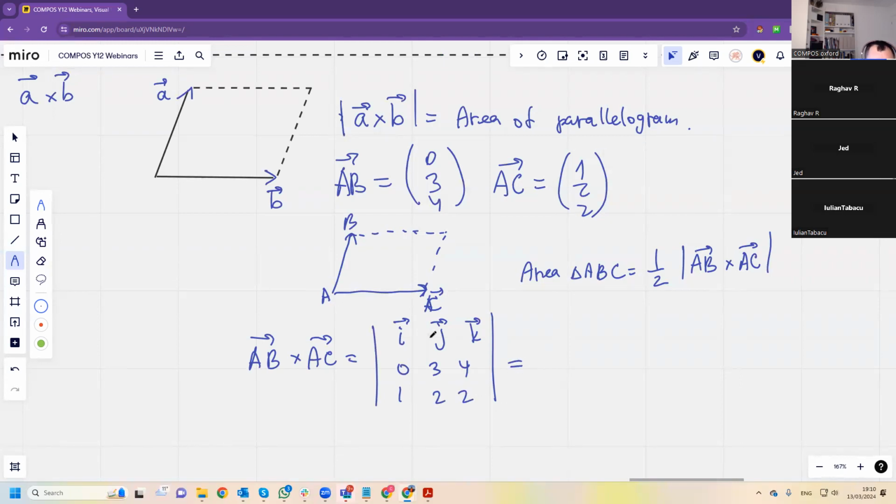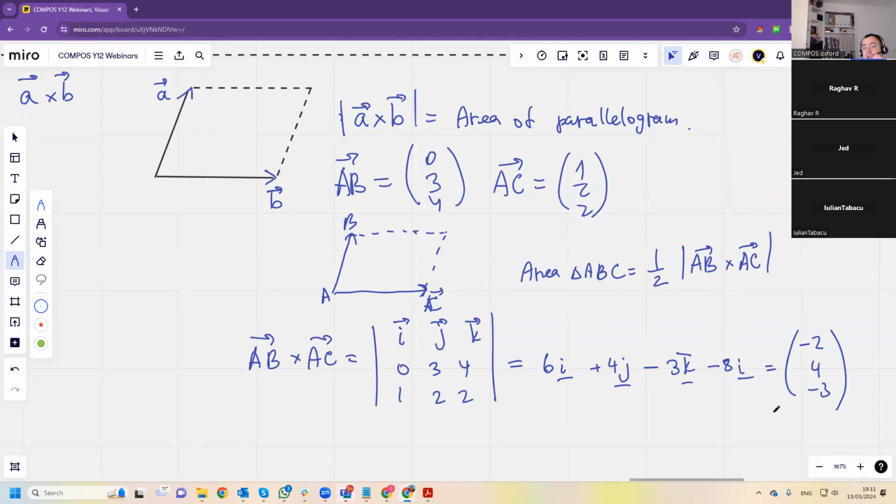And I just find the determinant, and there's going to be 6i plus 4j minus 3k minus 8i. Did I forget something? No, haven't forgotten anything. And so the vector is -2, 4, -3.